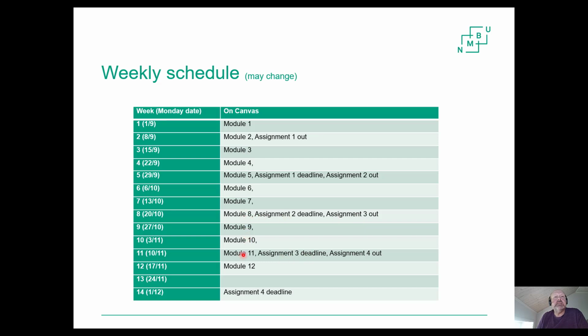And the last one is a little bit special, with only 2 modules here, because we need this buffer here, and this is the end of the semester actually. The dates here are for the Monday in each week, right? So this is the last week before the exam period starts.